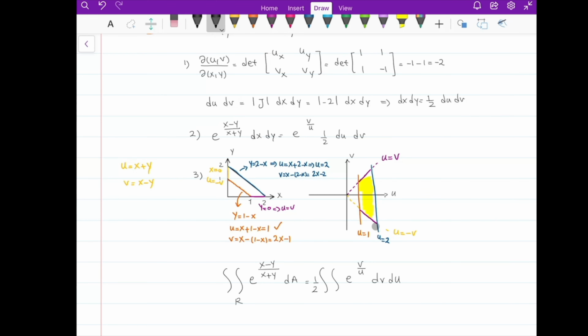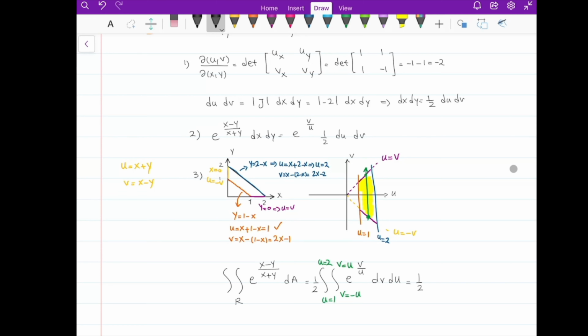And then v is from where to where? If I have to do dv first, I need to graph a parallel line to the v-axis. The first point lies on v equals negative u. The last point lies on v equals u. And then u is from 1 to 2. I can graph these lines starting at here up to here. So u equals 1, u equals 2.